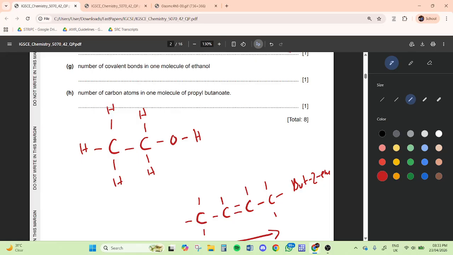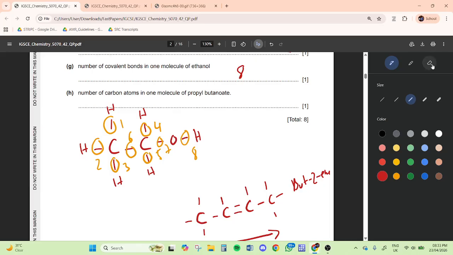So if we count the number of bonds it has, we got 1, 2, 3, 4, 5, can't forget the carbon-carbon bond over there, 6, 7, and of course 8, which means that our answer is inevitably 8.